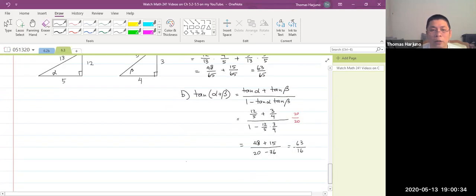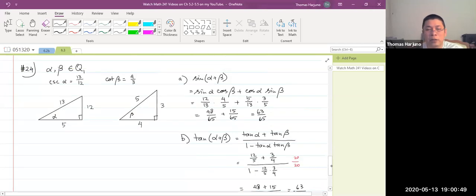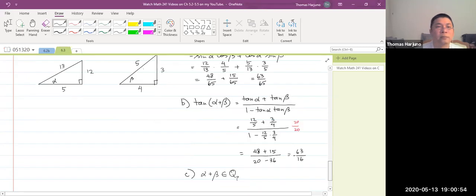Now, part C, the follow-up question. Alpha plus beta is in which quadrant? The way we look at that is the sine of alpha plus beta is positive, yet the tangent of the same angle is negative.